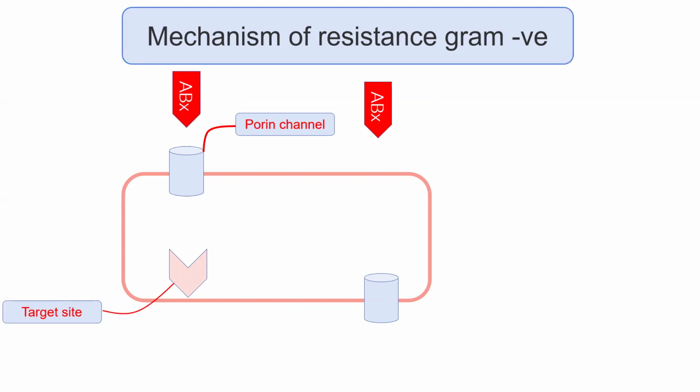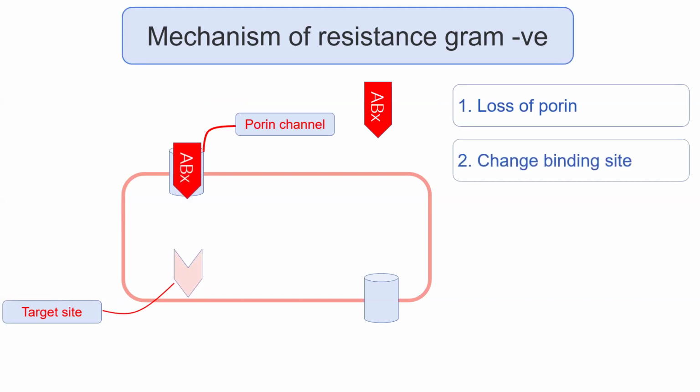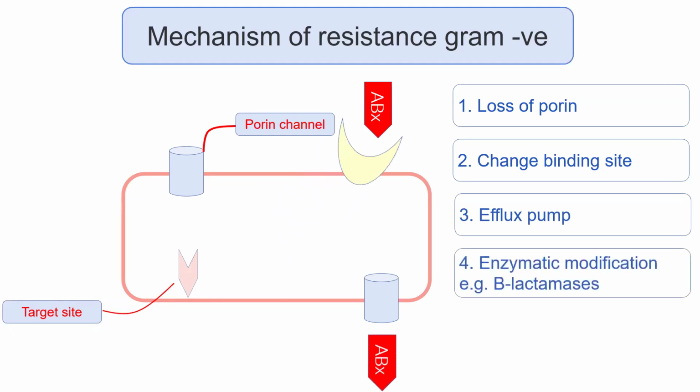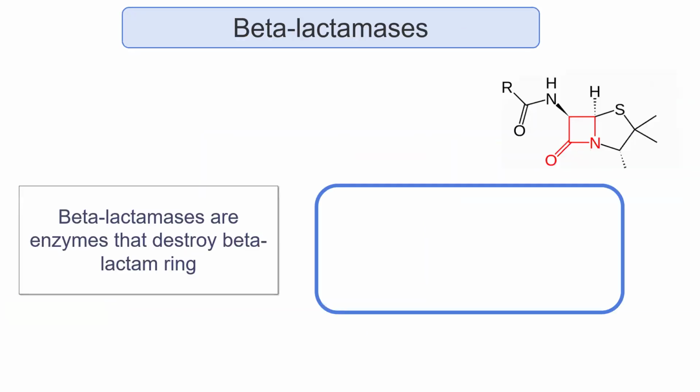So the mechanism of resistance in the gram-negative bacteria is either loss of porins, changing the binding sites, efflux pump, or enzymatic modification, and the most common is the secretion of beta-lactamase enzymes. Beta-lactamases are enzymes that destroy the beta-lactam ring.